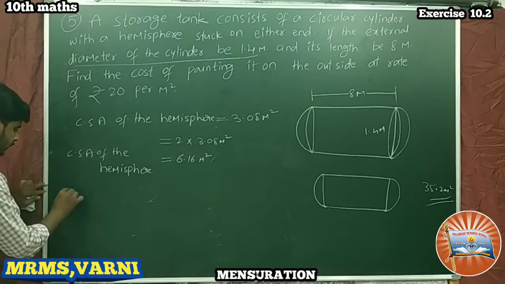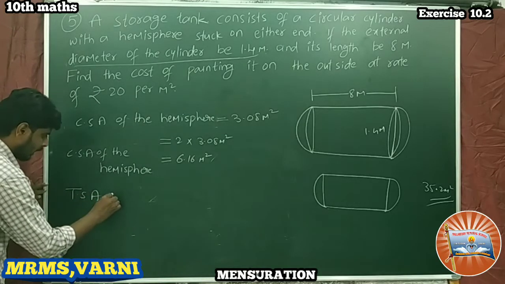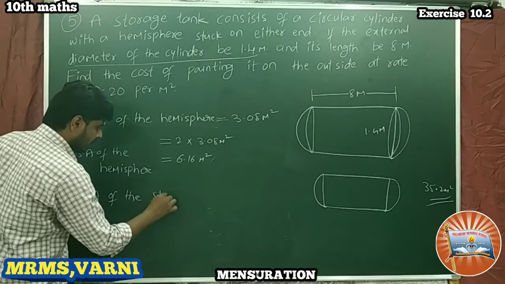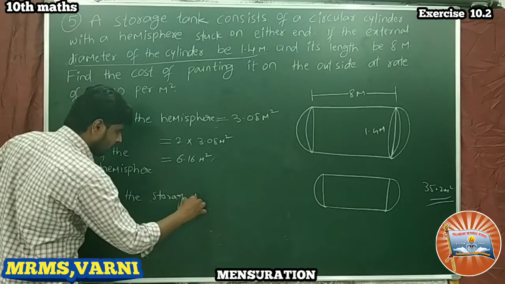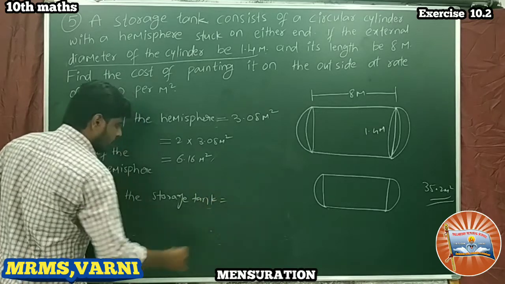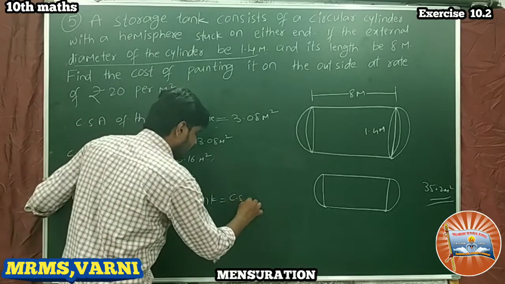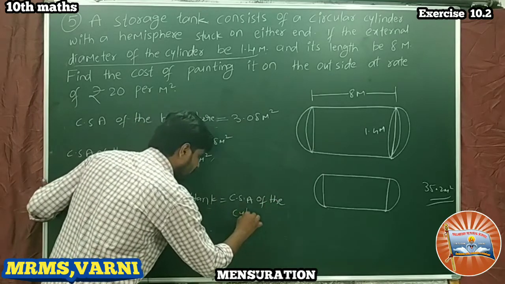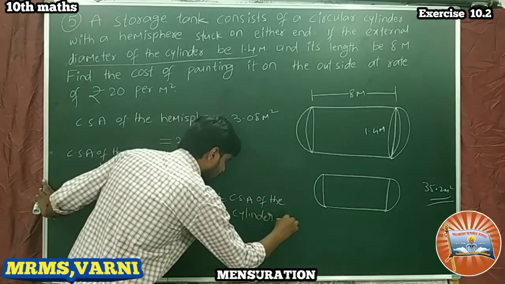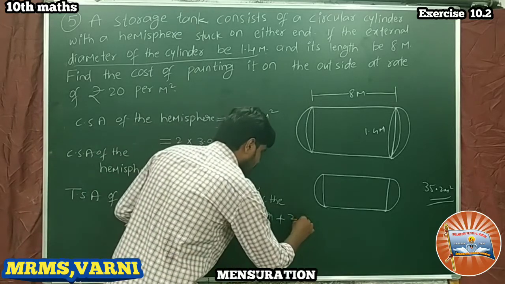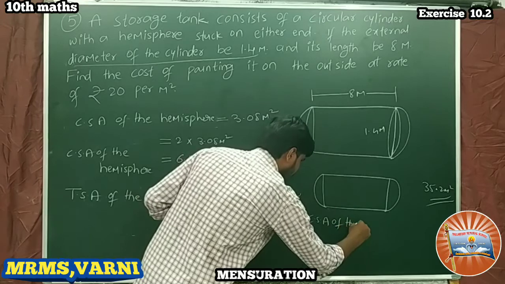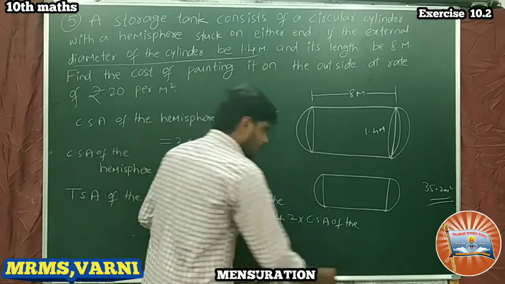Now what is required? We need to find the TSA of the storage tank, which is equal to CSA of the cylinder plus 2 into CSA of the hemisphere.